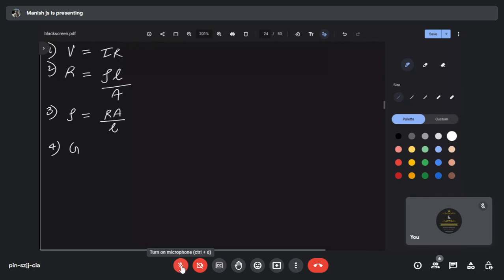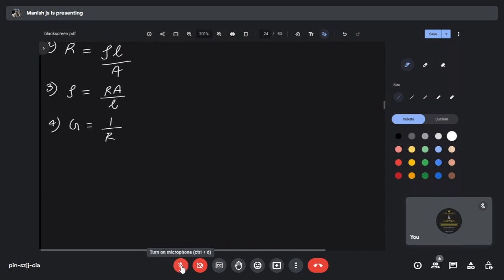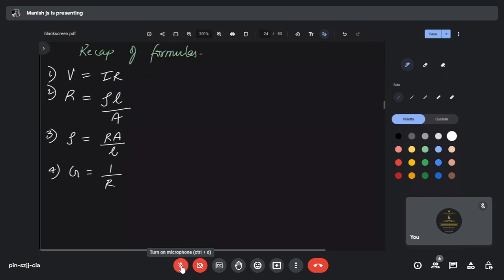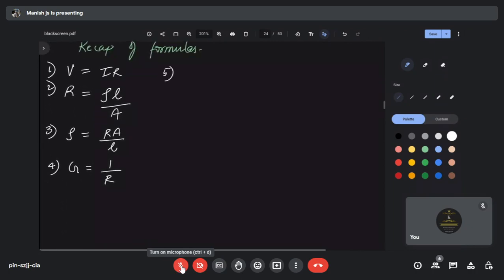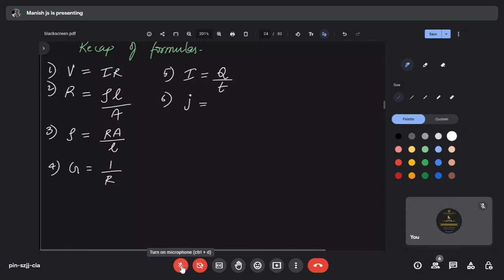So it's given by the letter G. So it's the reciprocal of resistance, 1 upon R. So that is conductance. Fifth formula, expressing current in terms of charge and time. So I is equal to Q upon T. That's the formula.